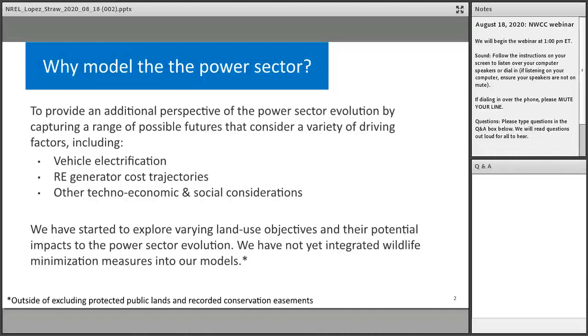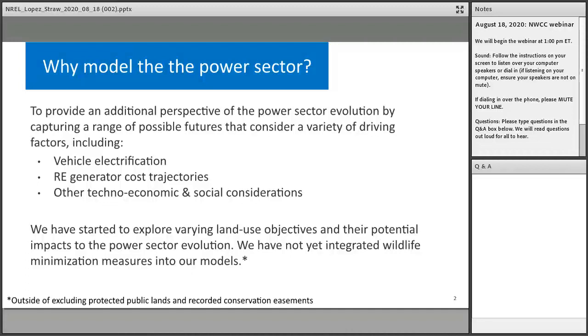For example, what happens if we have mass vehicle electrification? What happens if wind costs continue a steep decline? How do taller turbines change deployment land use, and how might this interact with the social fabric with which it's woven?